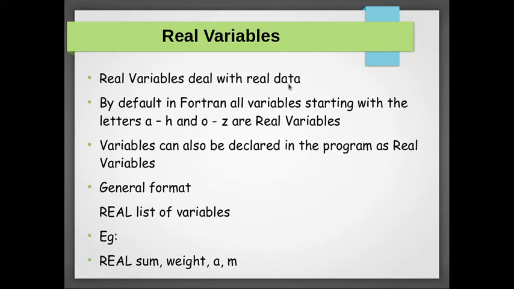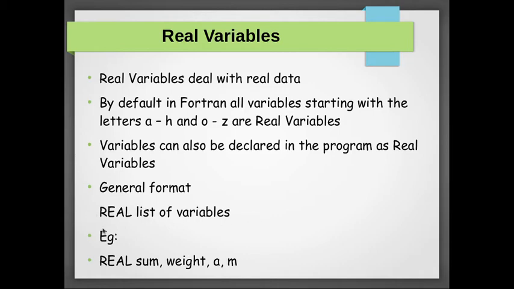It has to be stored in a variable or a memory location which is real. Otherwise, as I said, the 0.2 part will be lost. So variables can also be declared in the program as real variables, same as in the case of integers, overriding the default. General format again is real, list of variables.